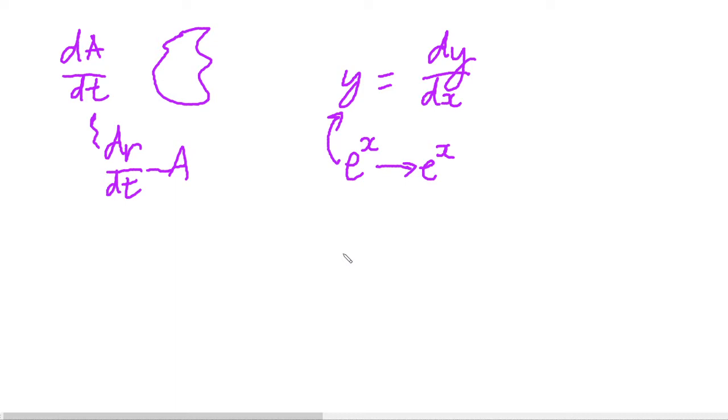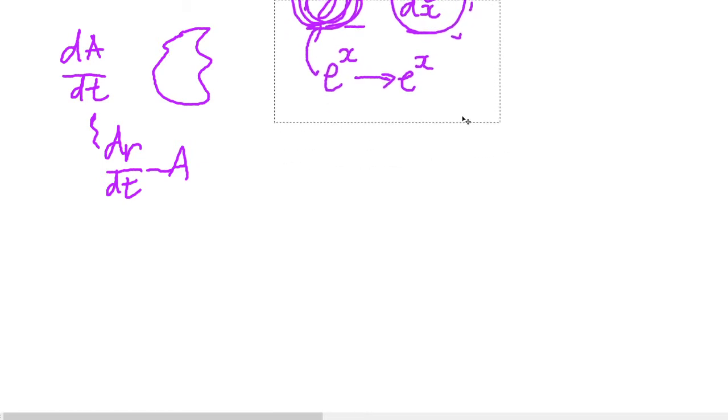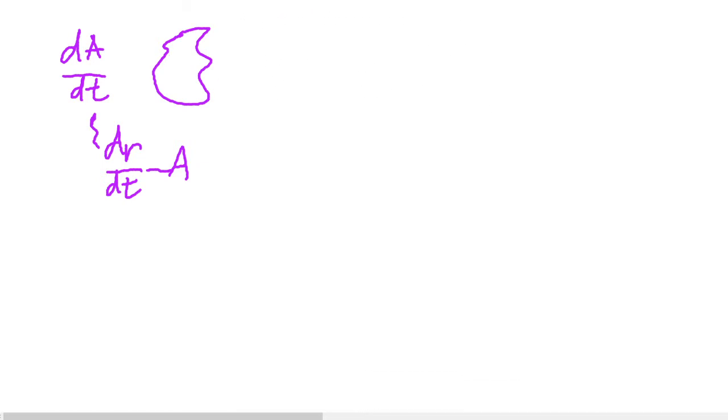And I'm going to introduce to you the concept of having a differential equation where you have both the function and its differential in the same equation, and you're trying to find the function. I'm going to introduce that way of thinking to you, and hopefully get you to experience some of the maths that you'll be seeing further on.